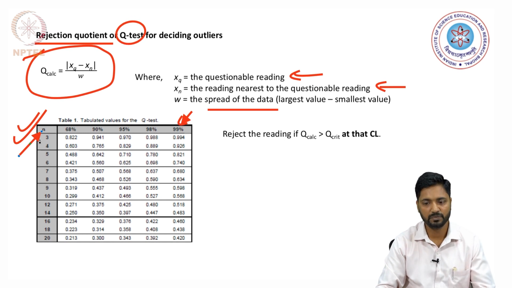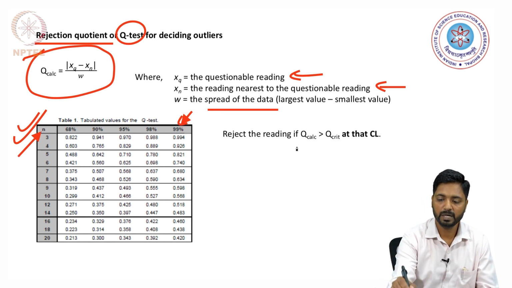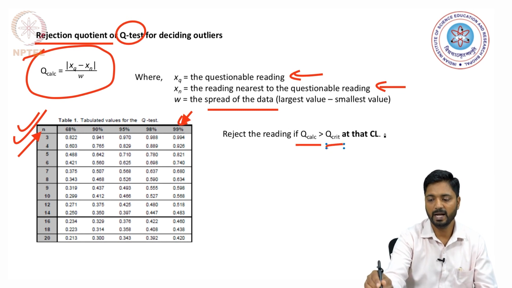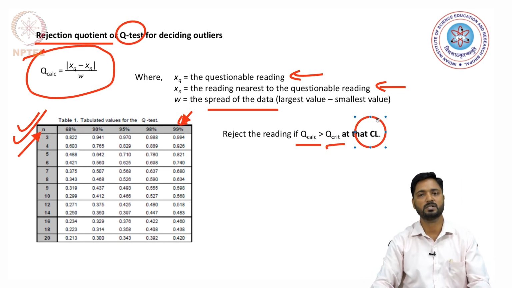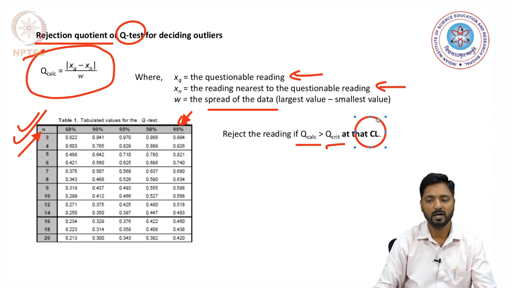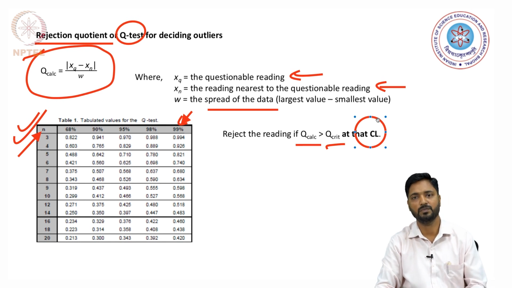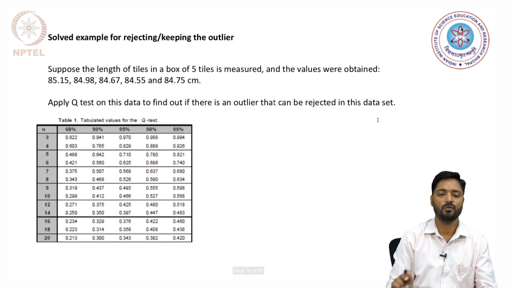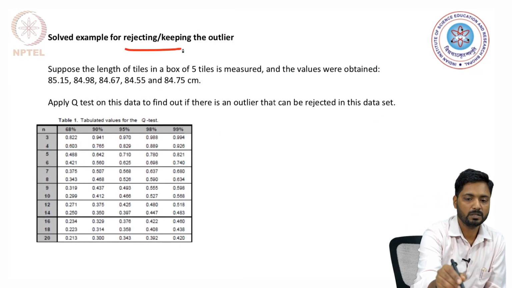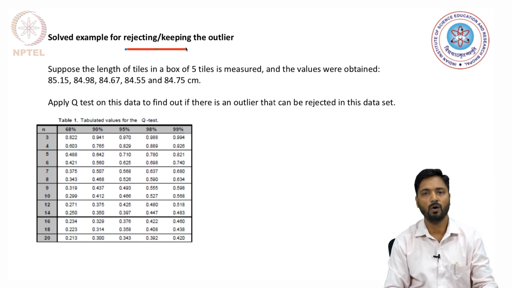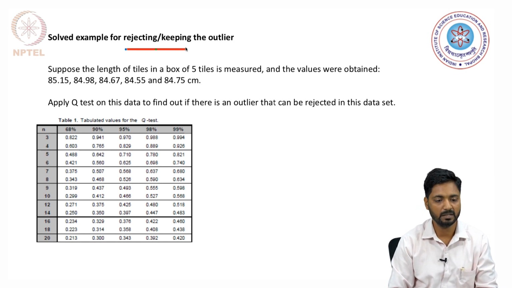And as previously, we compare the Q calculated with the Q critical at a certain confidence level, and either we reject the reading as an outlier, otherwise we do not. Let us take a quick example where we are supposed to reject or keep an outlier.